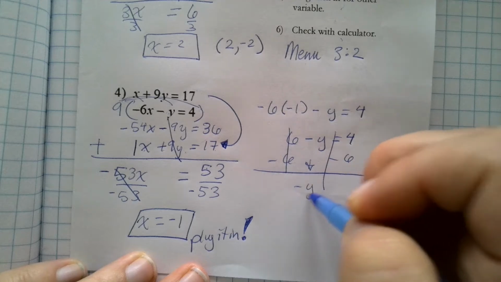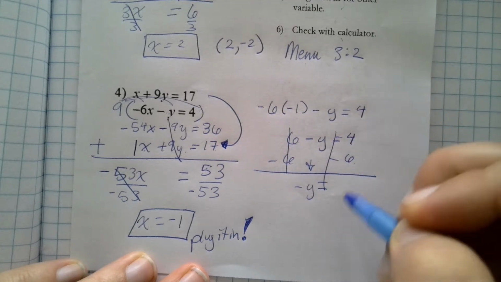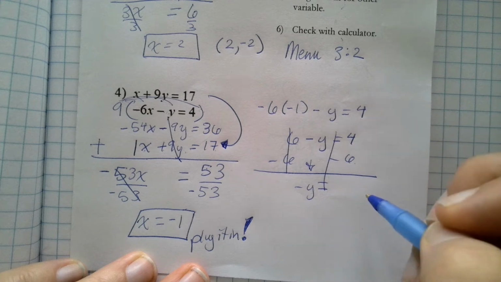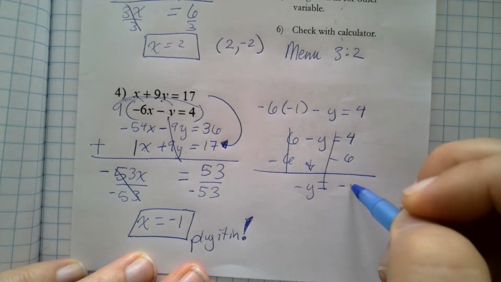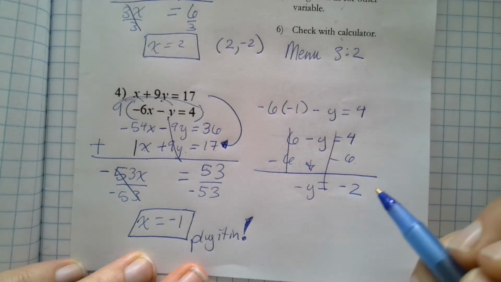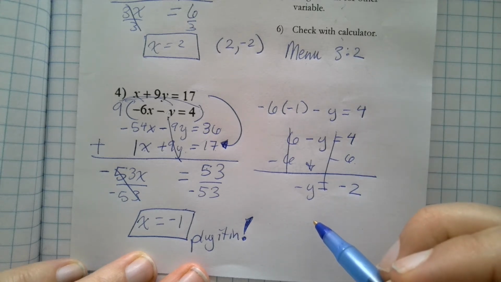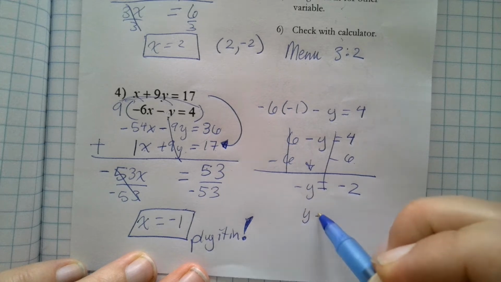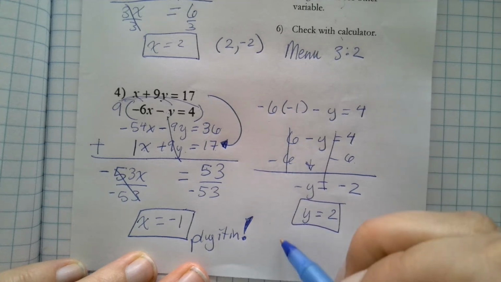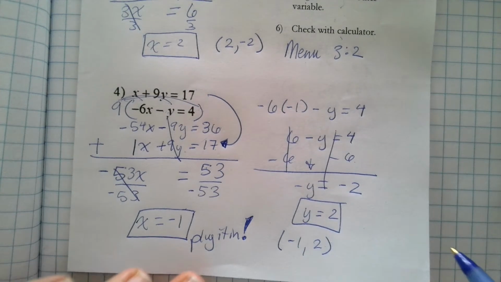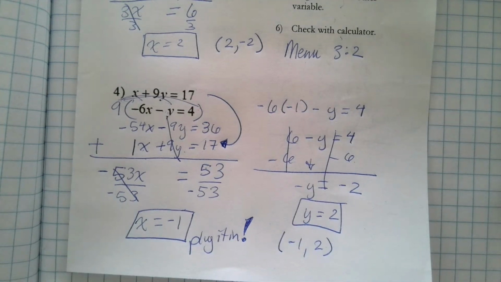Diego, 4 take away 6 is? 4 take away 6. Nick, what's my next step? I would just flip them. Good job.